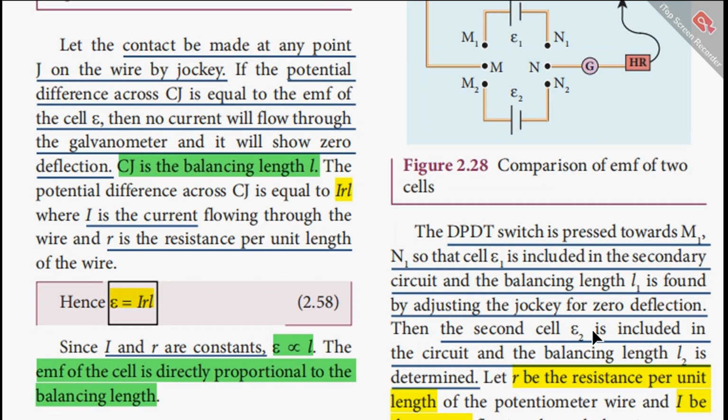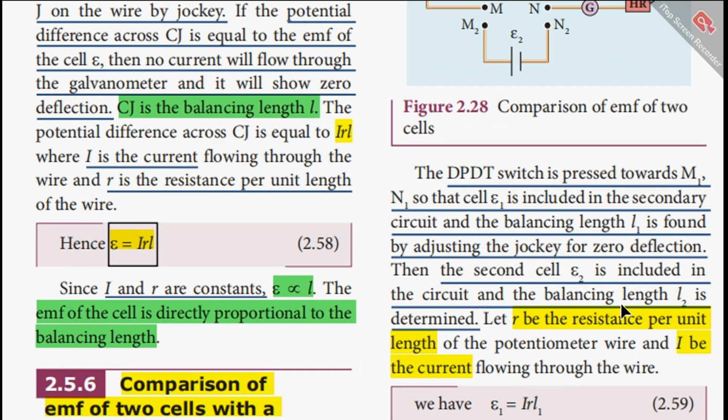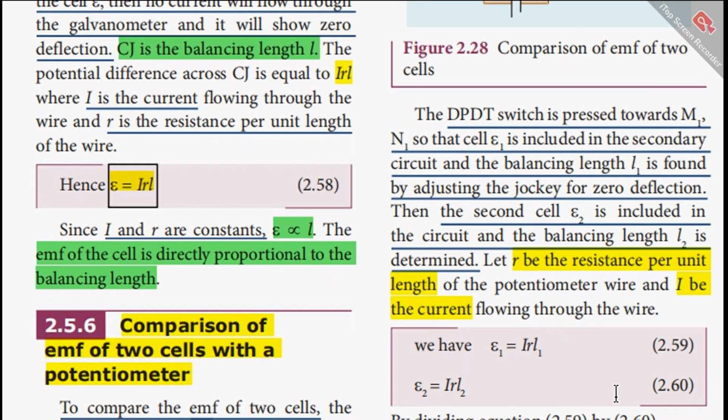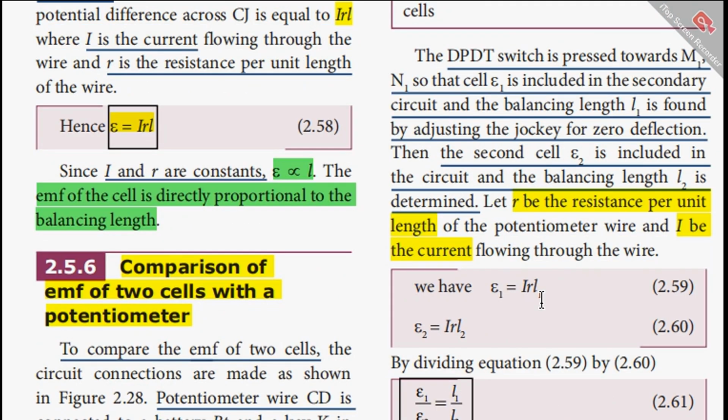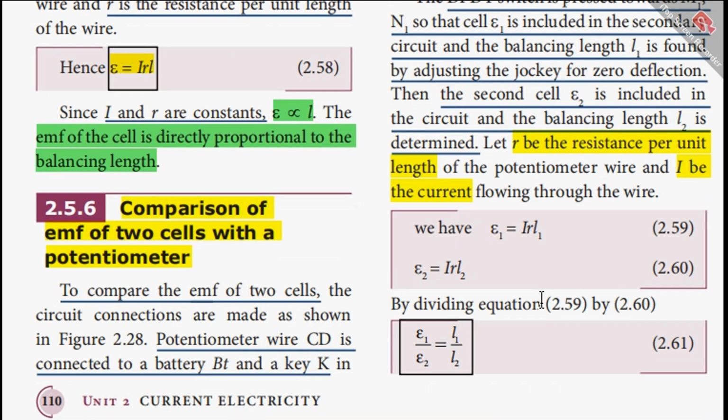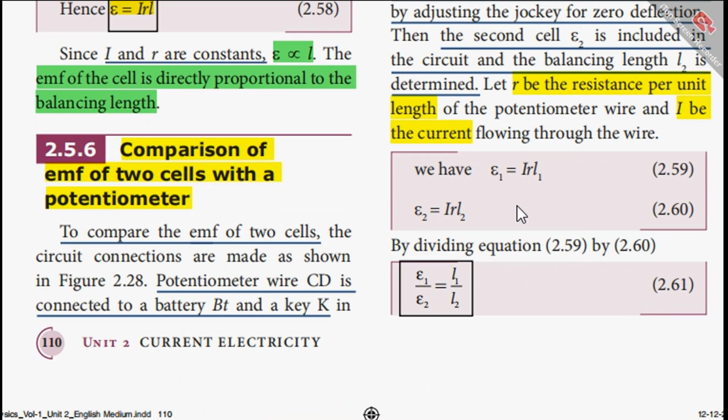Then the second cell E2 is included in the circuit, and the balancing length L2 is determined. If R is the resistance per unit length of the potentiometer wire and I is the current flowing through the wire, then E1 can be written as IRL1 and E2 as IRL2. Dividing the equations, we have E1 by E2 equal to L1 by L2.